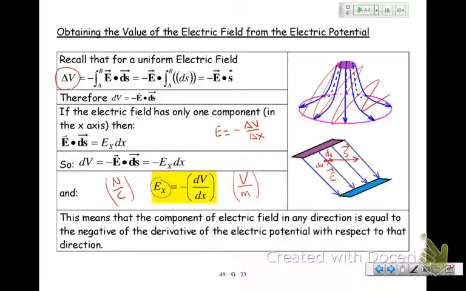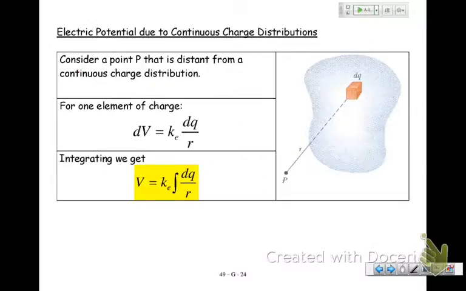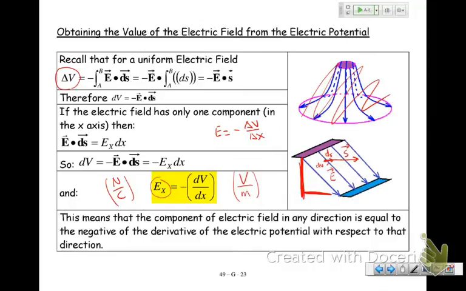I prefer that form, and people forget it. So it's the voltage divided by the separation. It's the steepness of the embankment. That's the visualization for it. So don't forget that one.